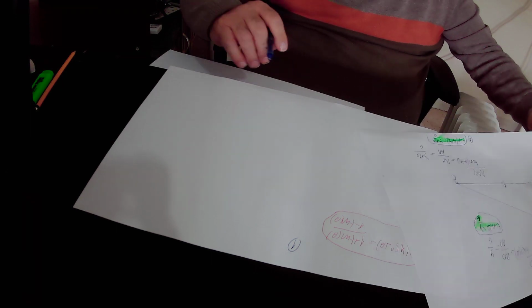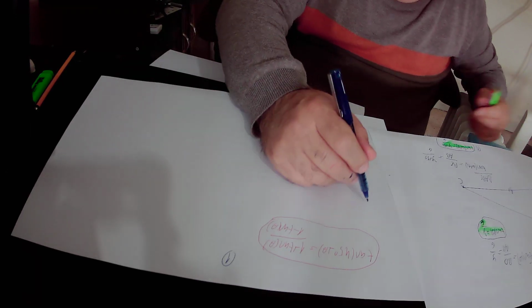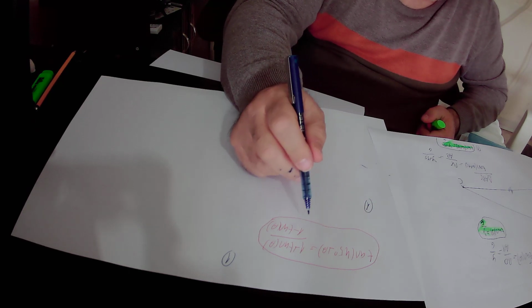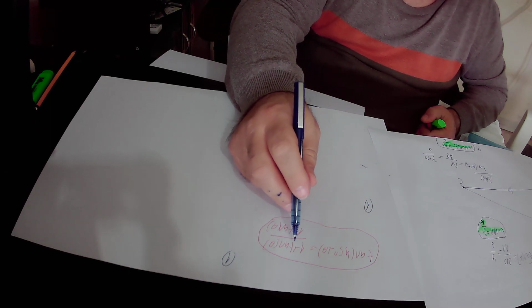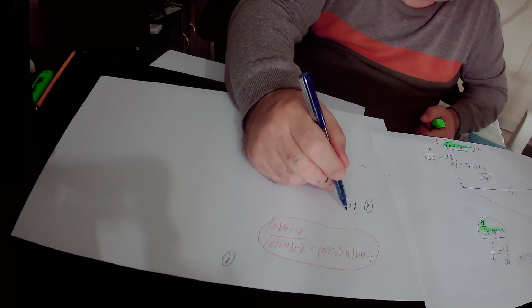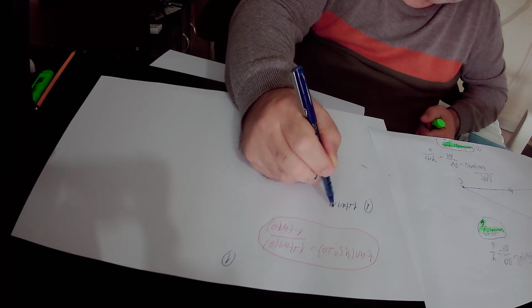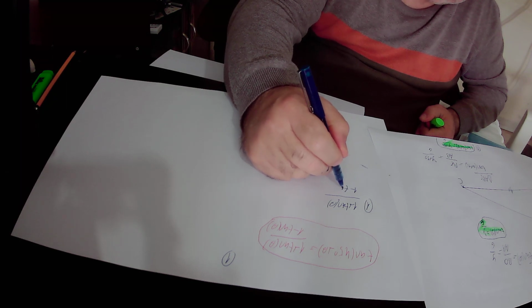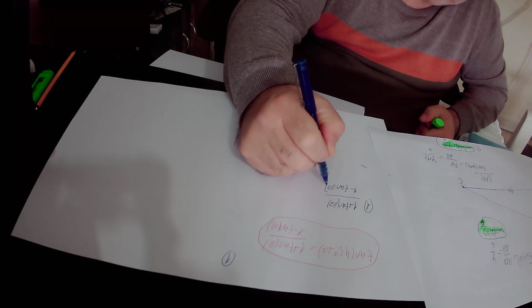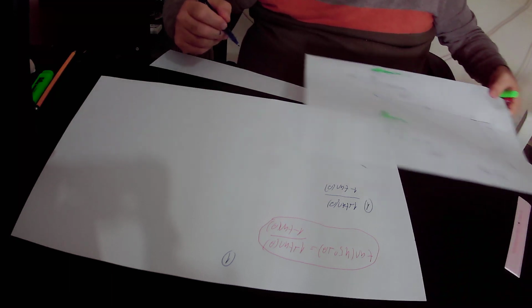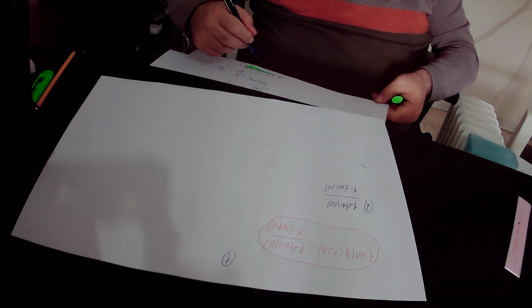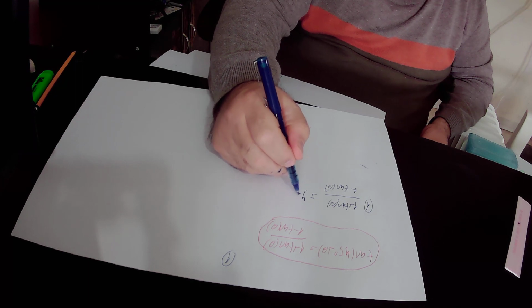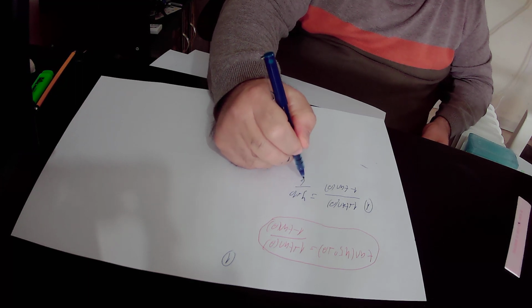And we get that according to equation number 1, tangent of theta plus 45 degrees equals 1 plus tangent theta over 1 minus tangent theta. And according to equation number 1, it is equal to y plus 10 over 6.